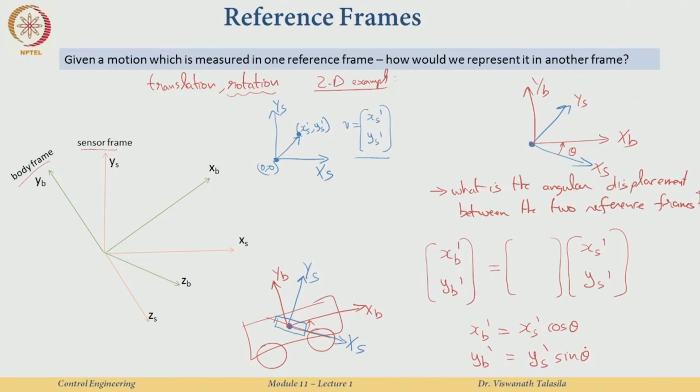And how do you express this as a matrix? Very simple. I would just put cos theta over here, 0, 0, sin theta. That is it. So, when you do this, I am now able to express the sensor measurement in the body frame.